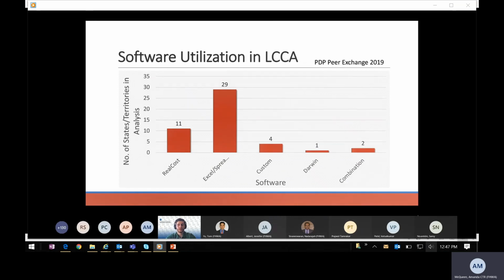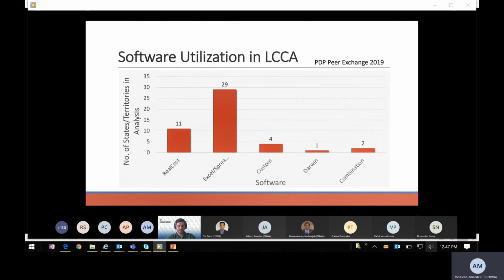So one common step taken for any LCCA is to facilitate the computation process. Many different tools are used. FHWA has actually developed a tool called Real Cost, which many of you I'm sure are aware of, which is currently undergoing an update. And actually CEVA is going to be highlighting some of the important changes shortly.